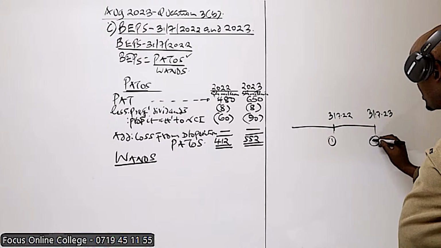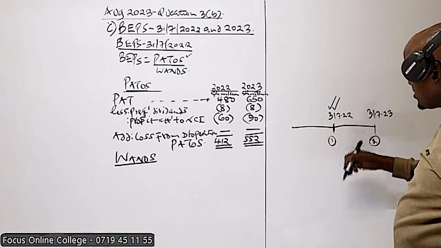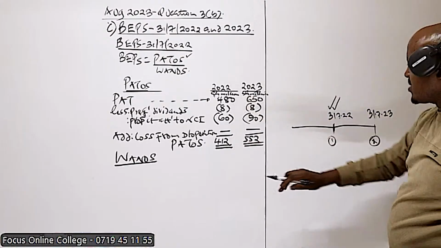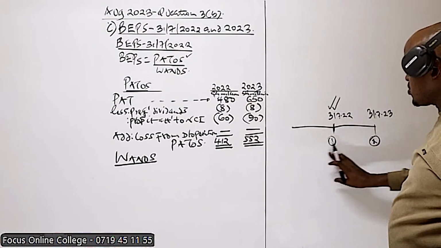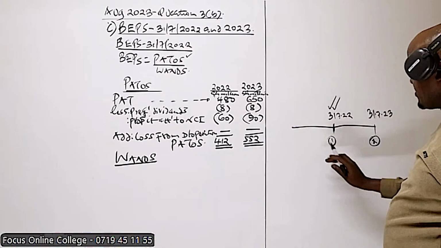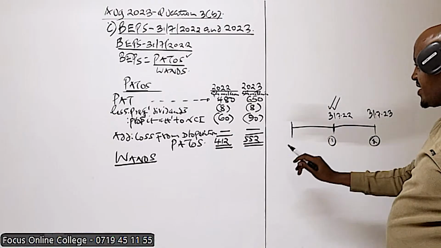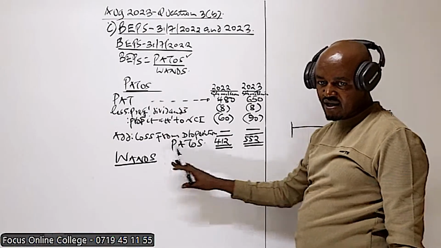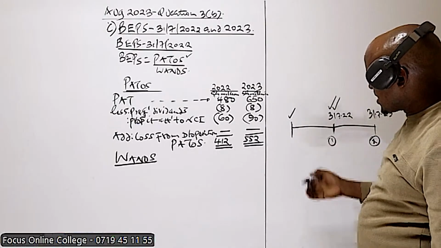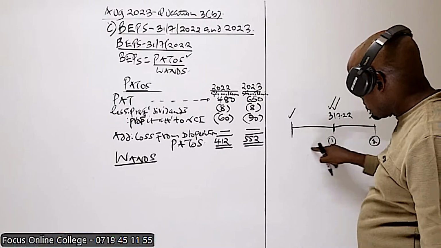So we are computing the basic earnings per share for this year. We have managed to compute the patos. We want to compute the one-offs. I hope you can recall what we said as far as the computation of this is concerned. We take the shares which were issued at the start, and then we add the other shares which were issued during that year.